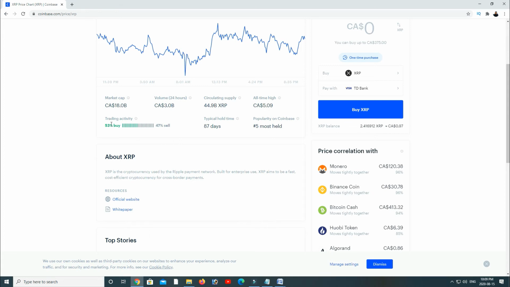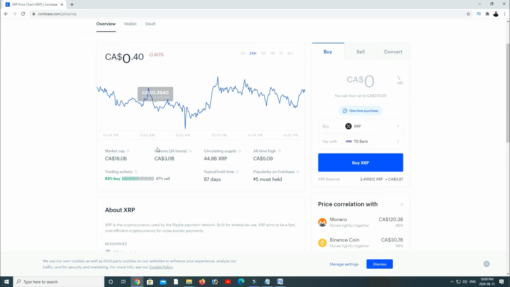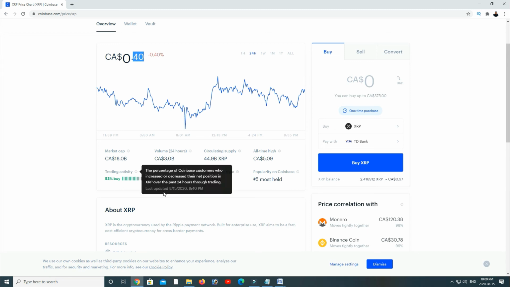When I bought this XRP, the trading activity was more buying, like 60%, and selling was 34%, and the cost was 0.27. I had a feeling in my mind that this currency could go up. So I bought a few, and when I saw it at 0.40, I sold it out. And see, many people are selling their currencies.